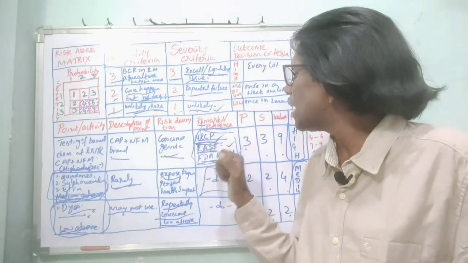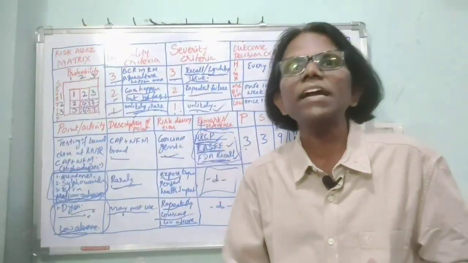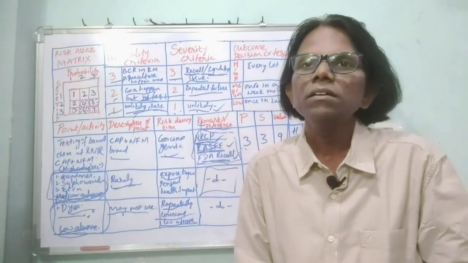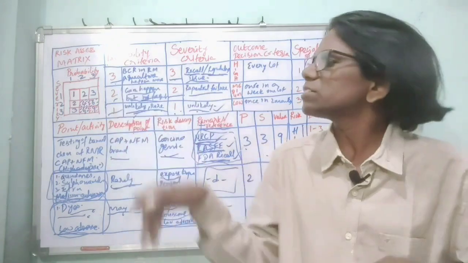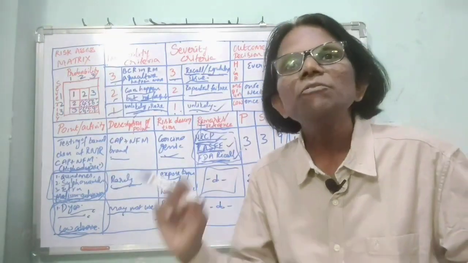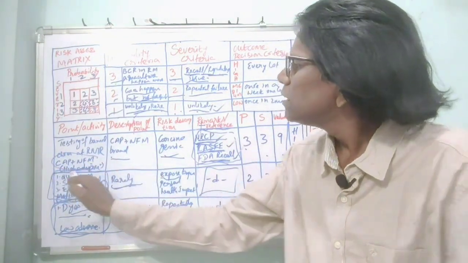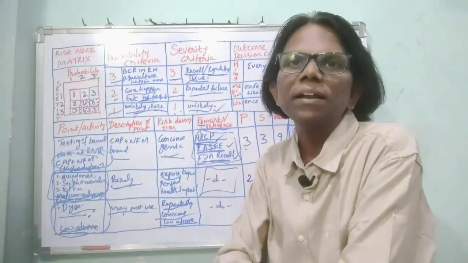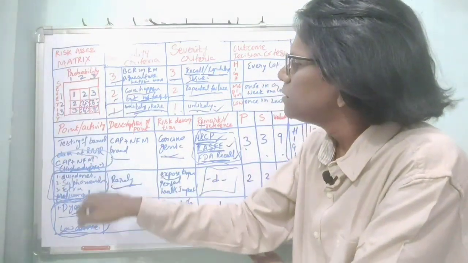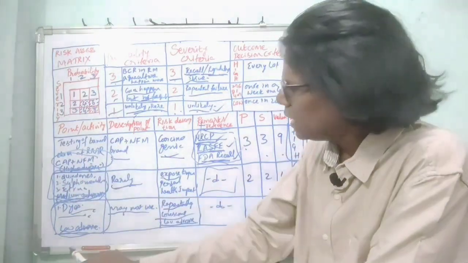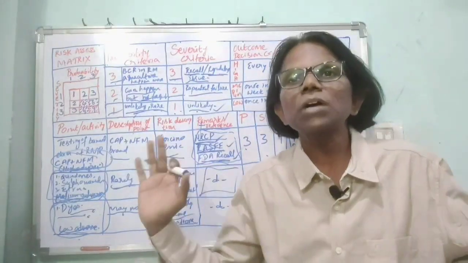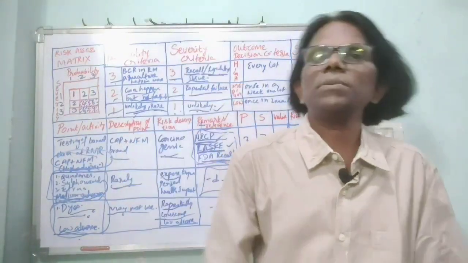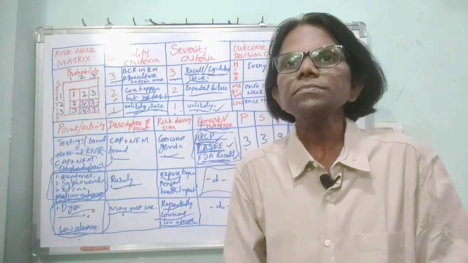And NRCP data, RASFF data, FDA recall data also you can keep on file. And you need not test all these parameters every lot. You can test CAP and nitrofuran metabolites, and test the other parameters weekly, and the dyes every 2 months. Once in 2 months you should cover all the parameters, sending the samples to the external lab.